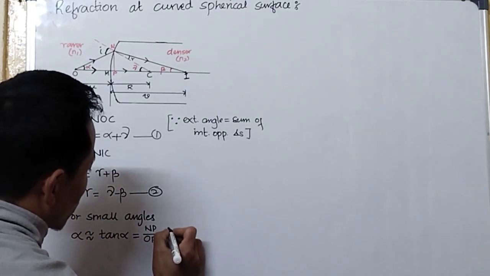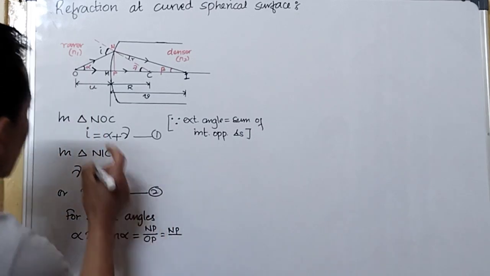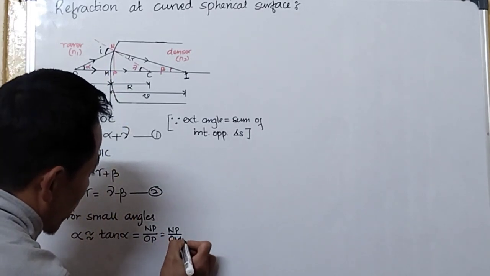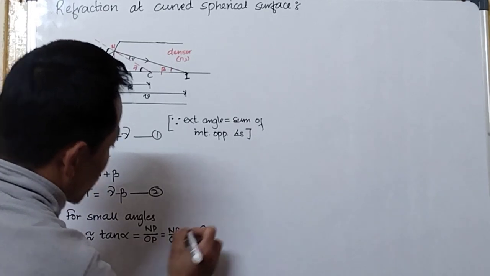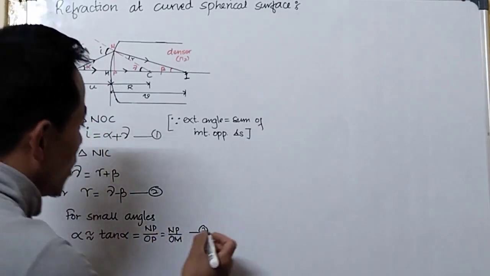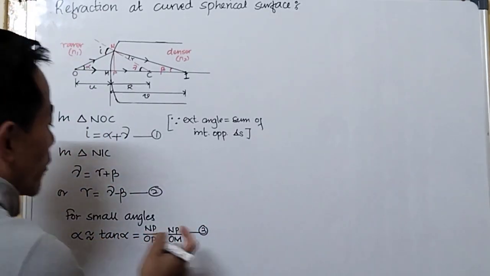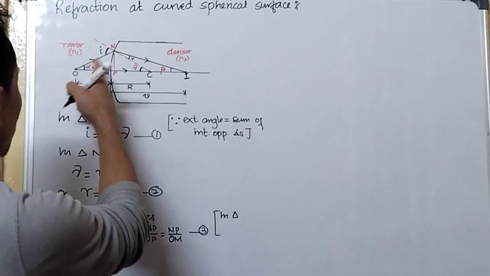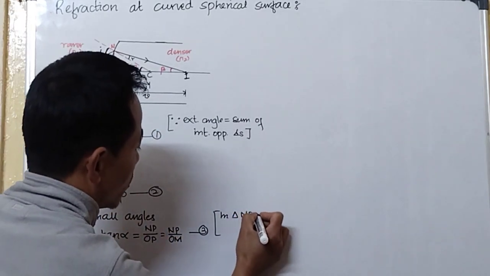Now here we can do a slight change. OP can be written nearly equal to OM here. So in order to find the value of tan of alpha, if you have not understood, we have used triangle NOP.